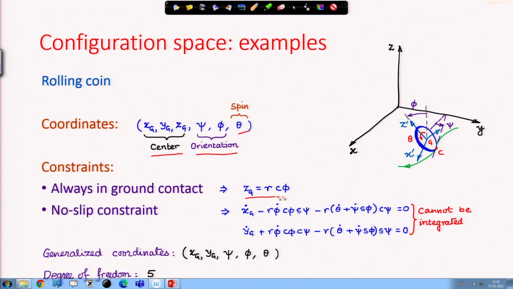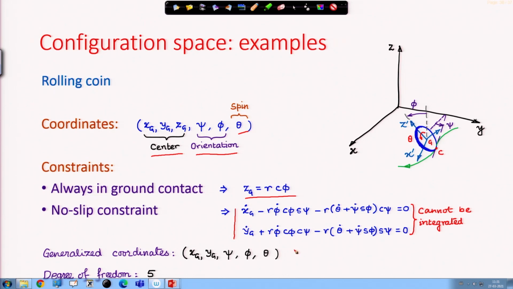Then we found that for the coin to be always in ground contact, the z coordinate of the center of mass must satisfy this constraint, which is in terms of the coordinates. These are called holonomic constraints, and we had non-holonomic or non-integrable constraints in terms of the coordinate rates, the time rates of the coordinates.